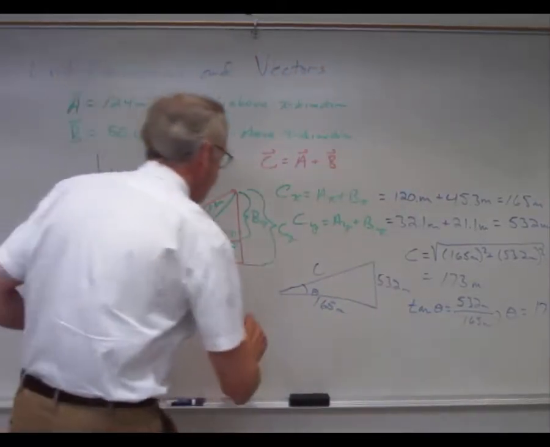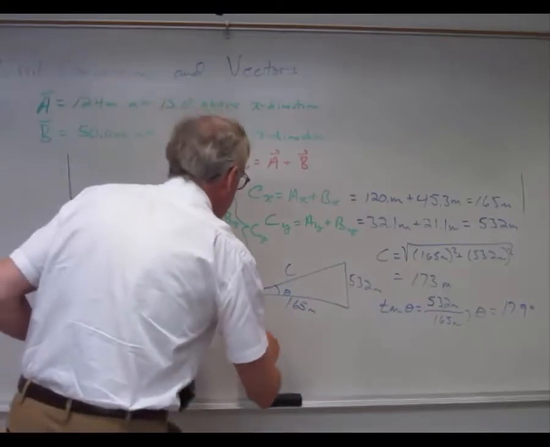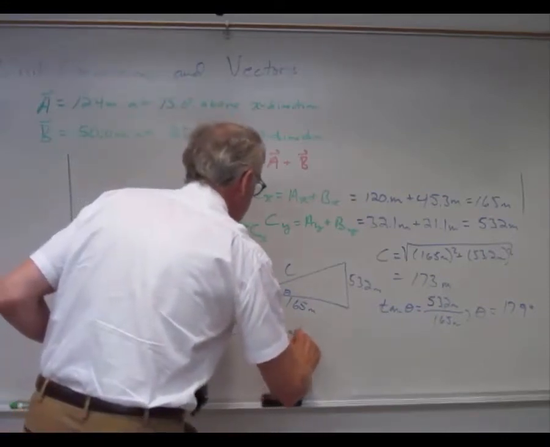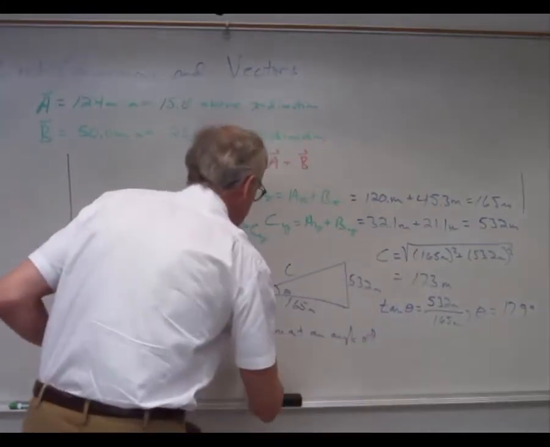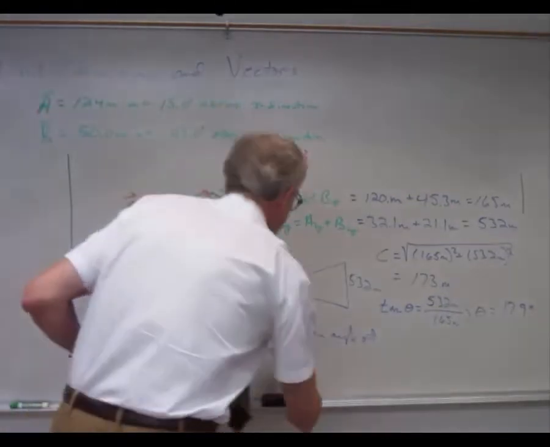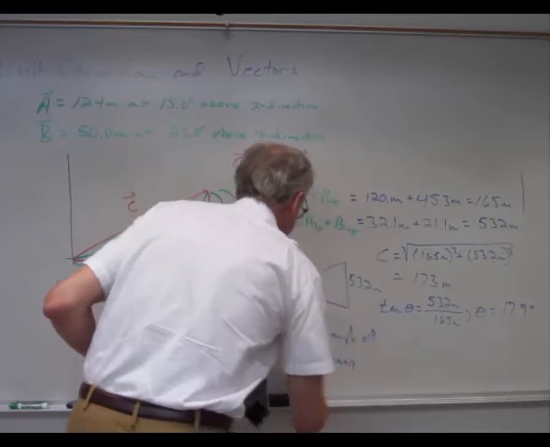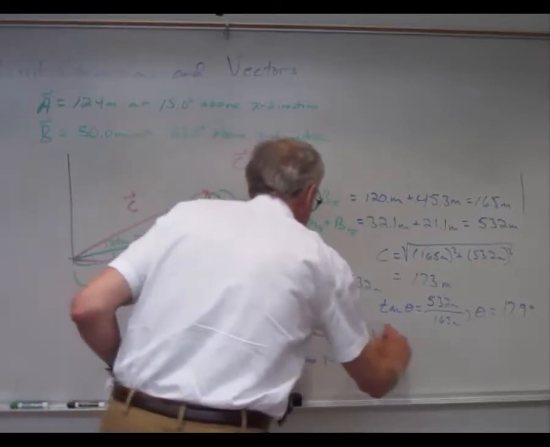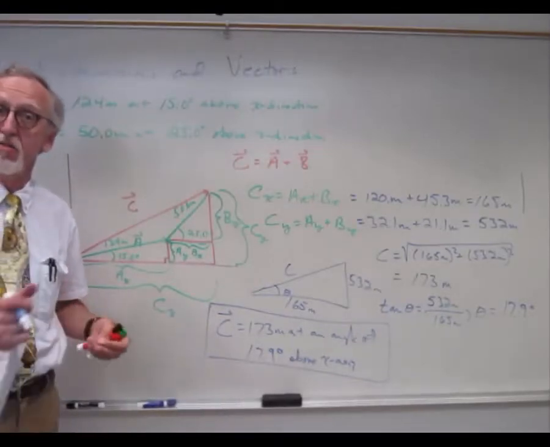We've got our final vector C, which is 173 meters at an angle of 17.9 degrees above the x-axis, or the x direction, either one. There we go. And there is our final resultant vector C.